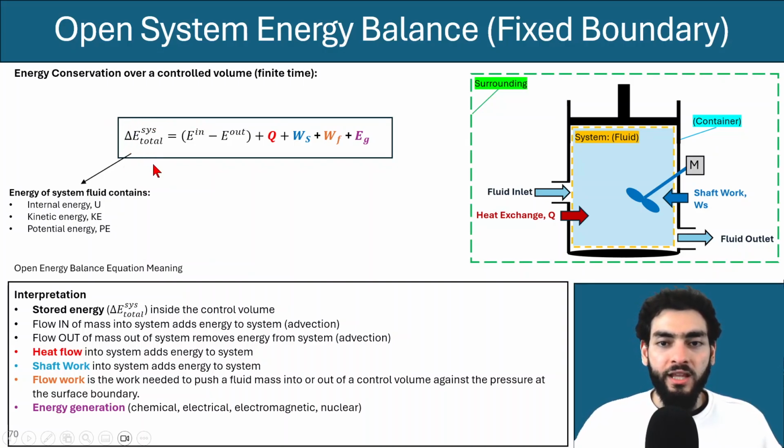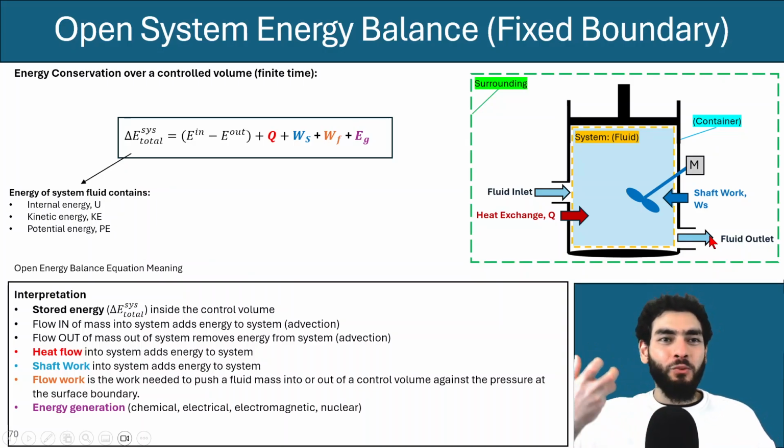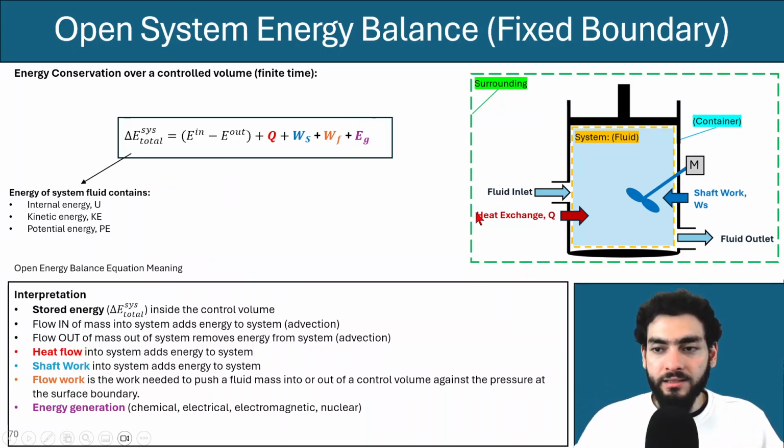The change in the total energy of the system will equal the energy added into the system by the fluid that enters, minus the energy that leaves with the fluid that leaves the system, plus any heat added to the system, plus any shaft work added to the system, plus any flow work added to the system, and I'll explain what that means in a second, plus energy generation.